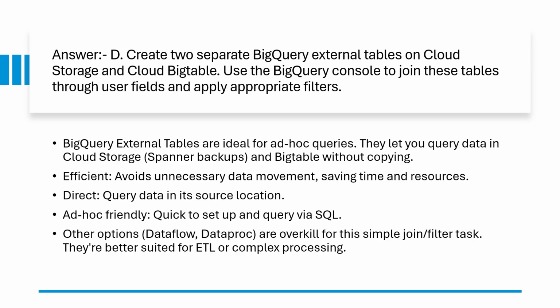Now, you might be thinking, what about Dataflow or Dataproc? While those tools are powerful, they're simply overkill for this particular task. They're much better suited for large-scale ETL pipelines or very complex data processing. For our analyst's ad hoc query, BigQuery external tables are the most efficient and effective solution.